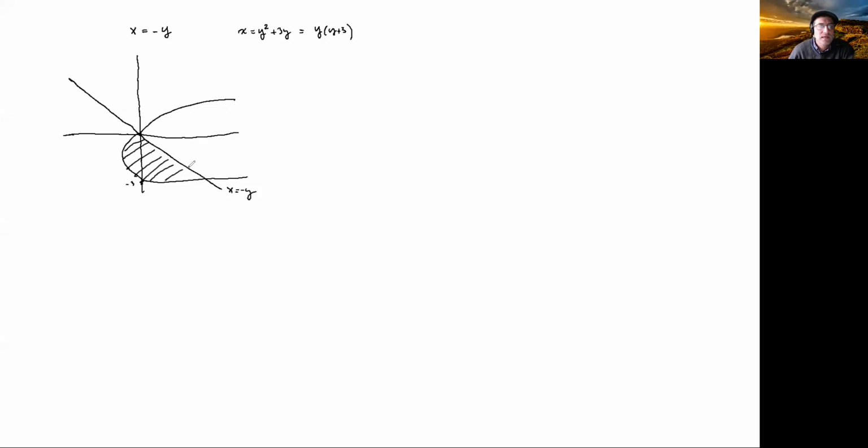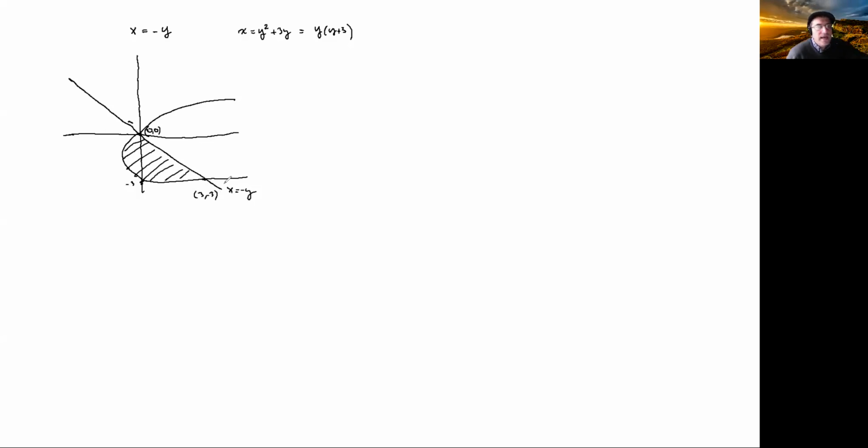I'm shading it in. In order to figure out what the limits of integration are going to be, we first have the origin here as one of the intersection points. And the other intersection point is 3 comma minus 3, because y is minus 3.